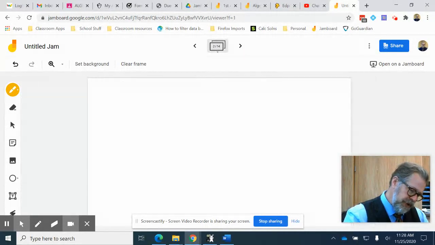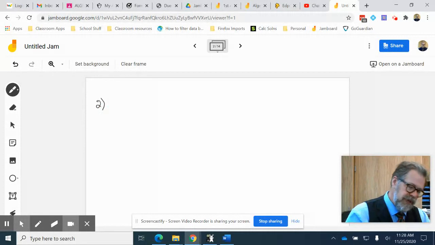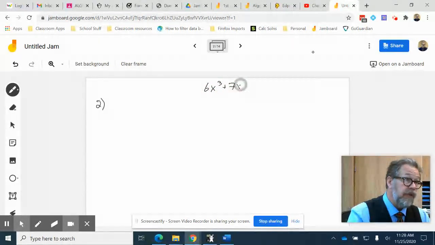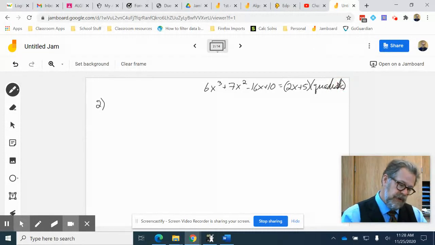So the second strategy that I'm going to use takes advantage of the fact that when I look at this function, 6x cubed plus 7x squared minus 16x plus 10 divided by 2x plus 5, I know that that means that I'm going to be able to write it as 2x plus 5 times some quadratic, assuming it is evenly divisible.